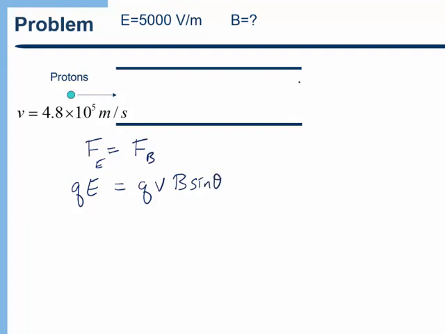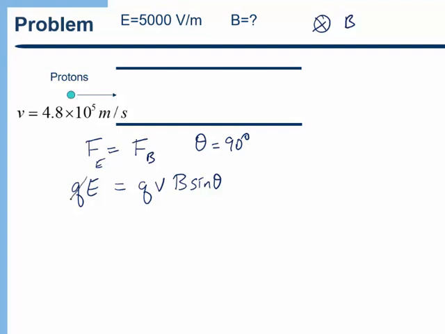And remember, we figured out that B in this region of space was in. So we said B was in. And therefore, if B is straight in and v is to the right, the angle between v and B is 90 degrees.